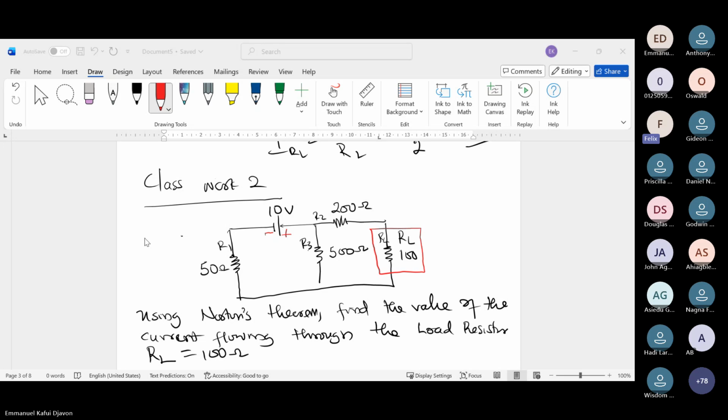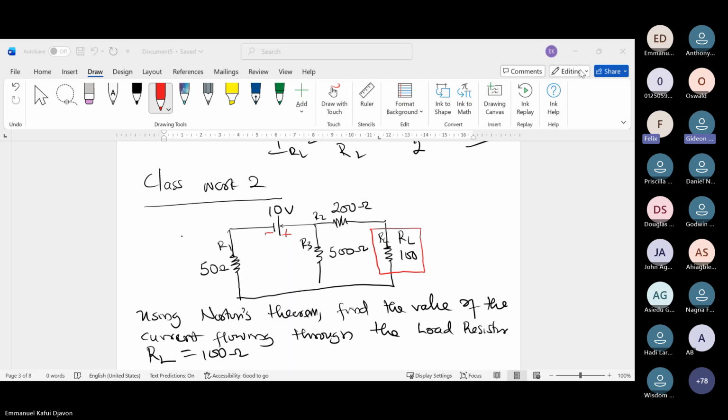Then over 200 plus 300, that one you get 500. So after that, when you divide, you get 142.86.